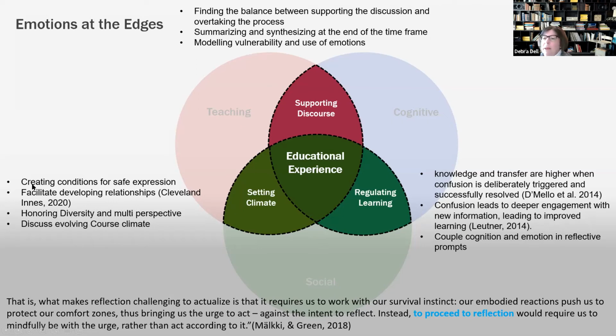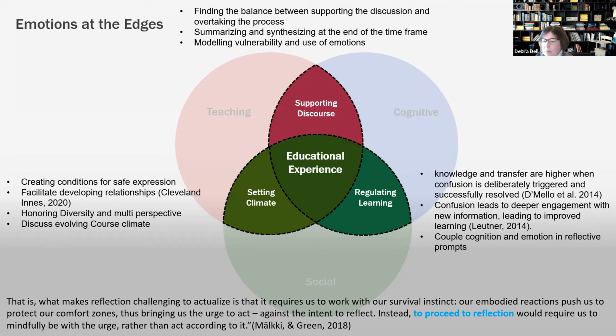And in setting climate, that means always creating conditions for safe expression, facilitating to help develop relationships within yourself and the students, but also the students to the students. And you're all probably very familiar with student-to-student interaction research. And ways that you're honoring diversity and multi-perspectives.